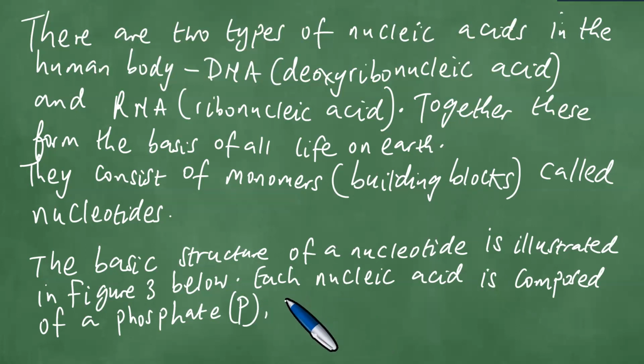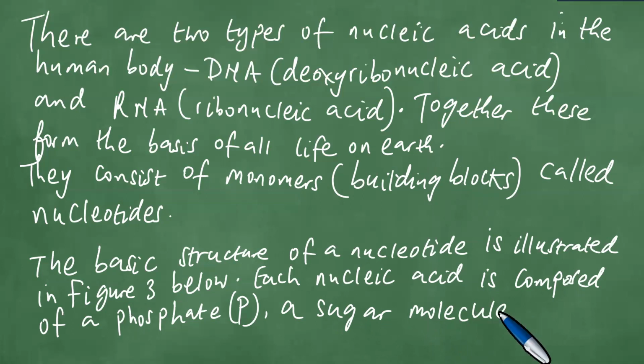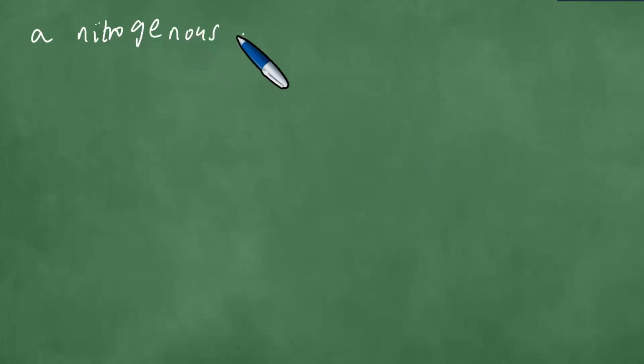Each nucleic acid is composed of a phosphate P, a sugar molecule, S. S stands for a sugar molecule, and a nitrogenous base.